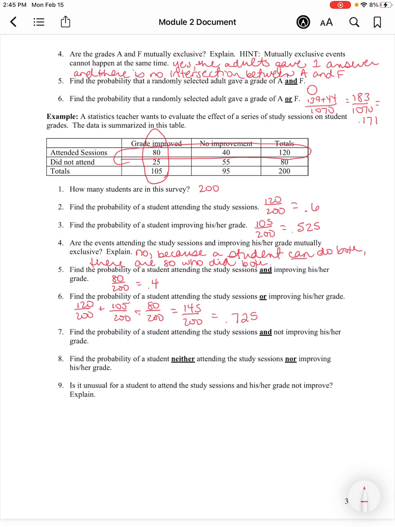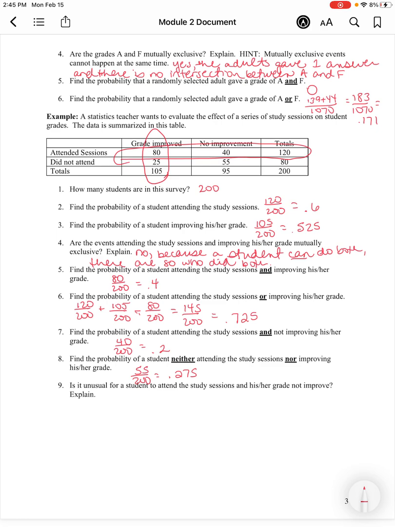Or you could just add the 25, the 80, and the 40. Find the probability of a student attending the study sessions and not improving his or her grade. That would be the 40 out of 200, which would be 0.2. Find the probability of a student neither attending the study sessions, so they did not attend the study sessions, and they did not improve their grade. So that is 55 out of 200, which is 0.275.